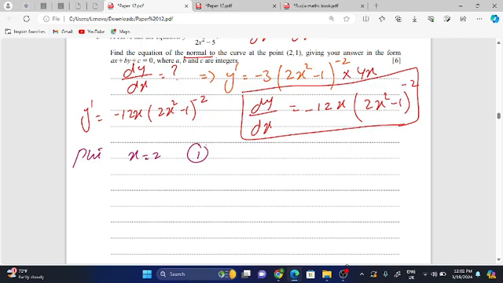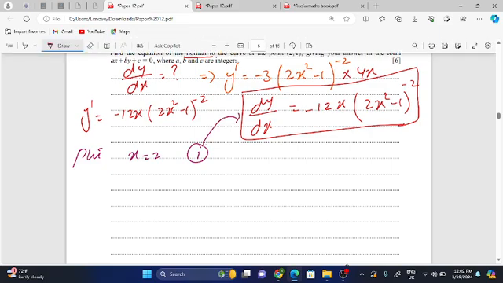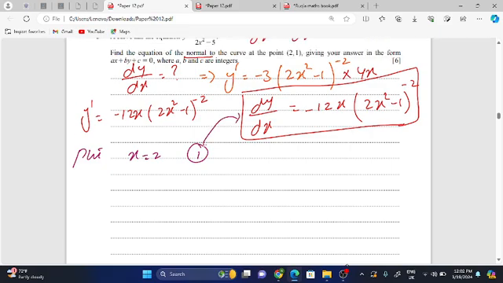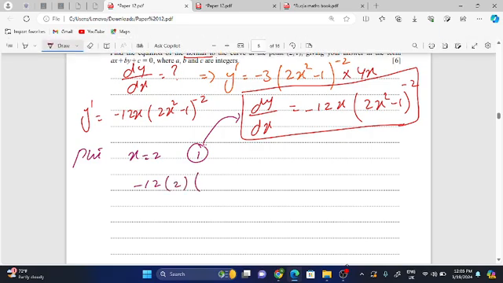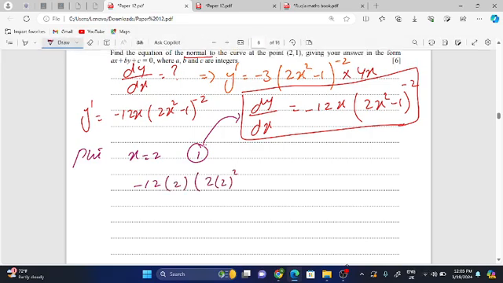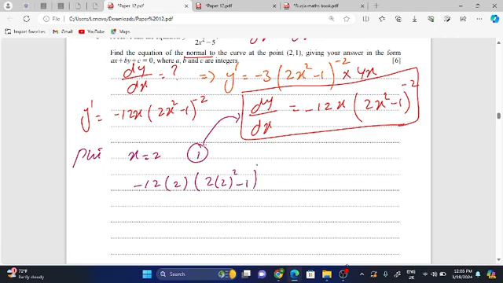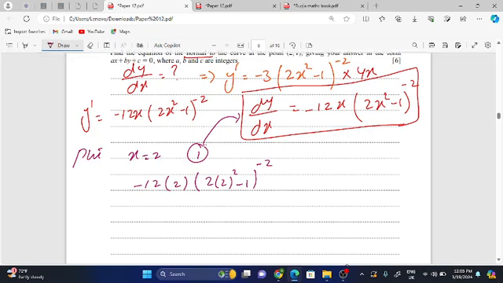Equation number 1 is that one. So once you put x equals 2 over here, you get minus 12 times 2 times (2 times 2 squared minus 5) to the power of minus 2.